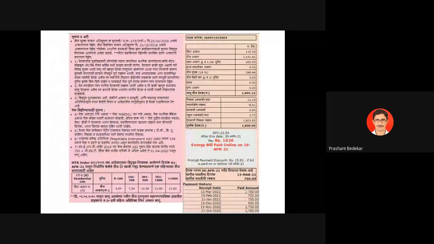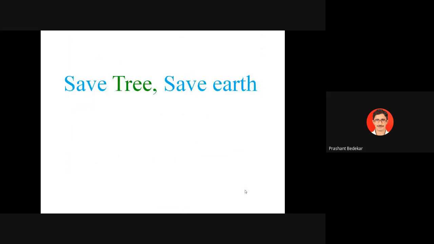And what is that? This is my energy bill for the month of April 21. The appeal I want to put is: save tree, save earth, and go green. This will also minimize your electricity bill.